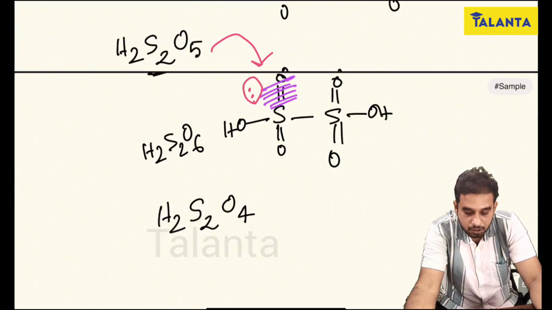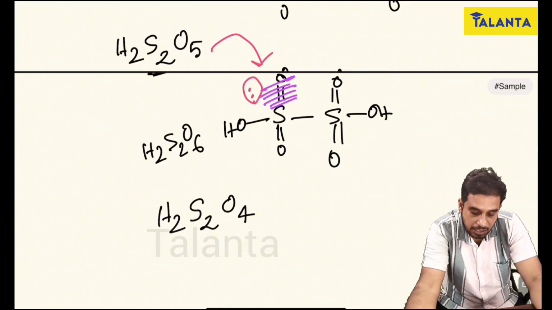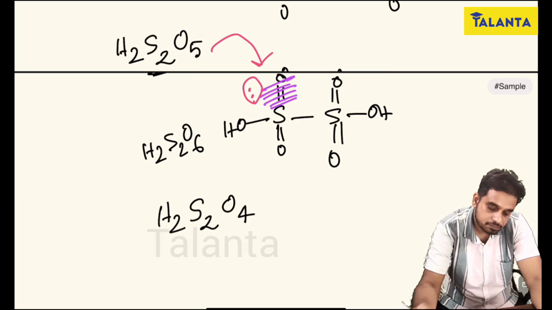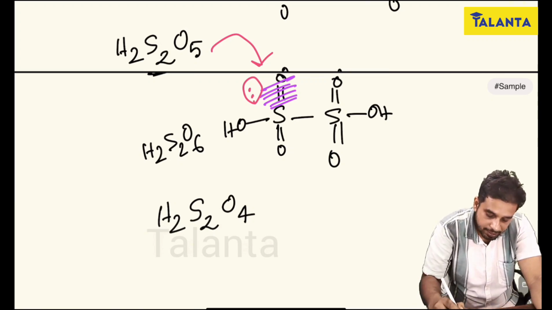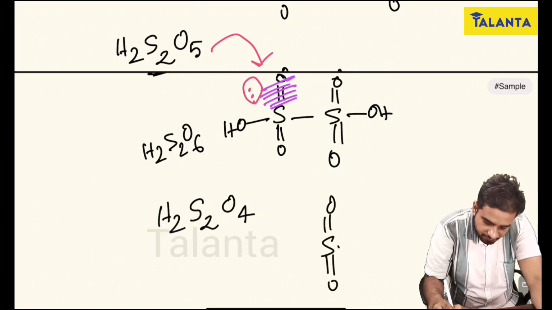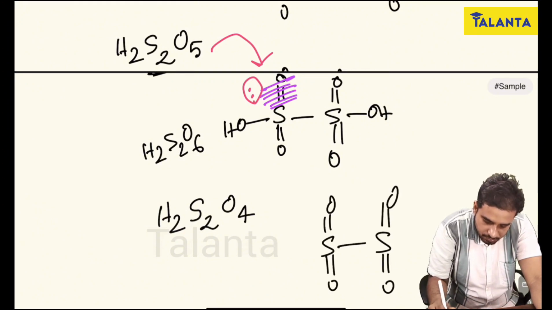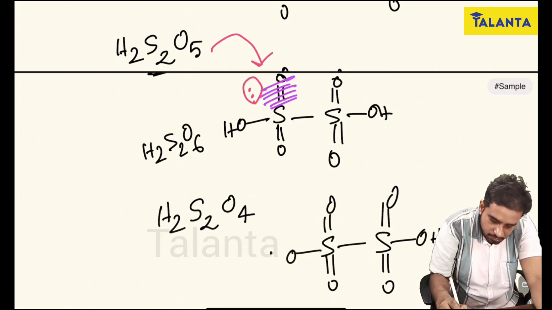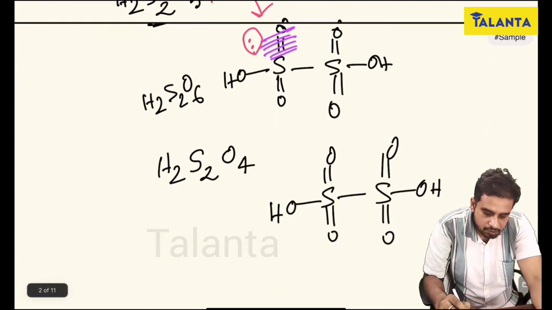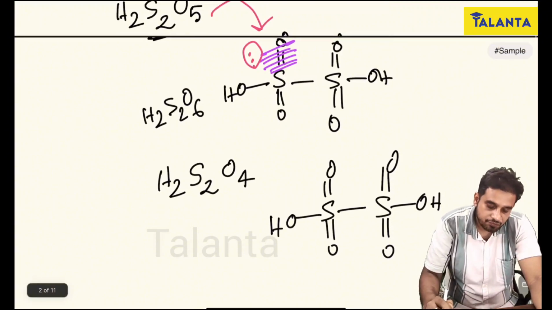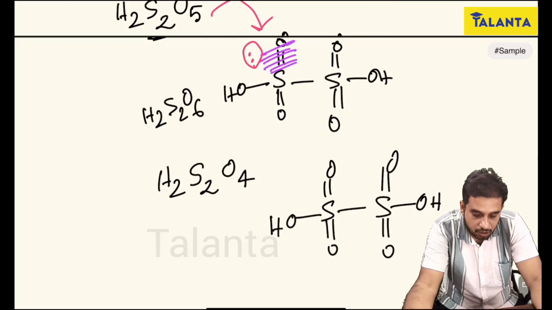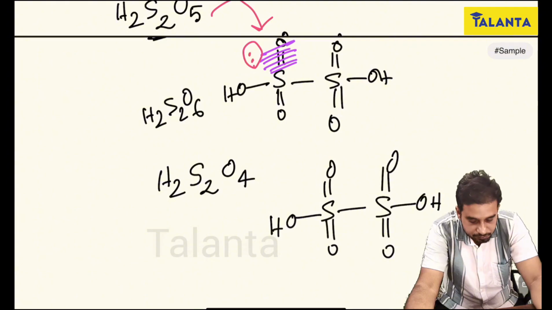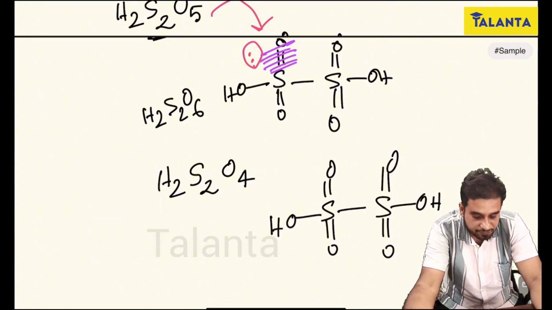So here two oxygen atoms are short from H2S2O6. So again, I'm drawing the structure of H2S2O6. We have to remove two oxygen atoms. When we remove two oxygen atoms, we have to remove them in such a way that an equal number is removed from each of the sulfur atoms.